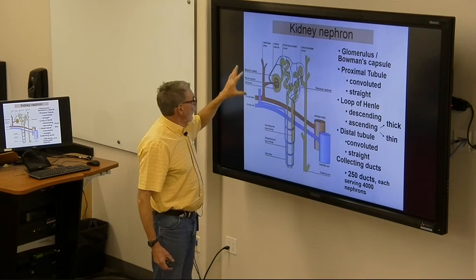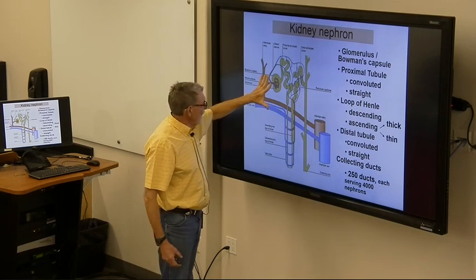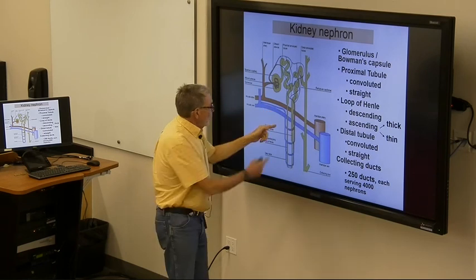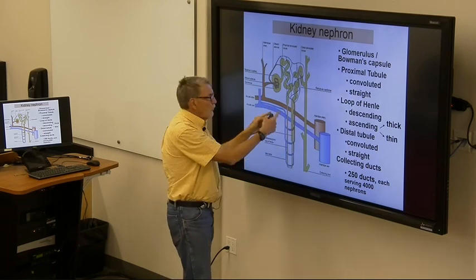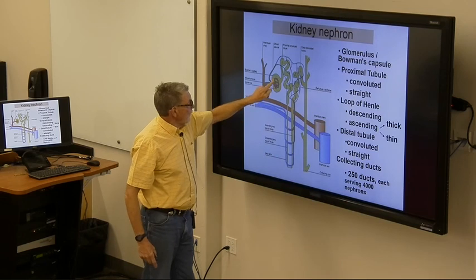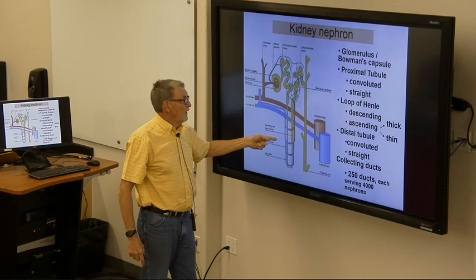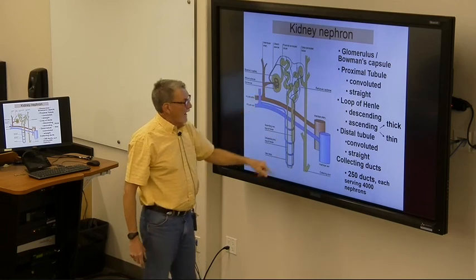And this is where all of these things happen. Filtration happens here, then you start reabsorbing back into these peritubular capillaries so that the things that you filtered out that you want to keep come back into the bloodstream. What you don't want to keep gets peed out.